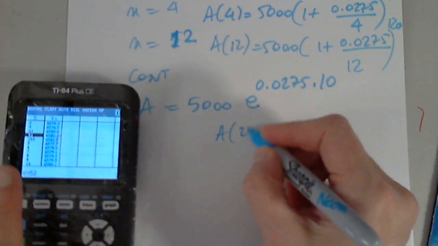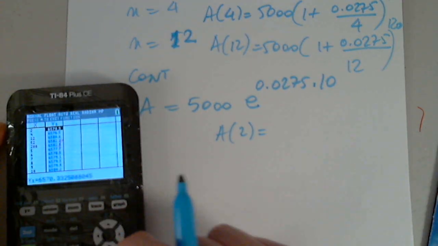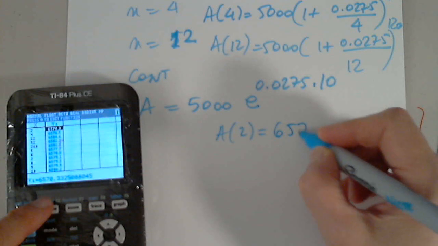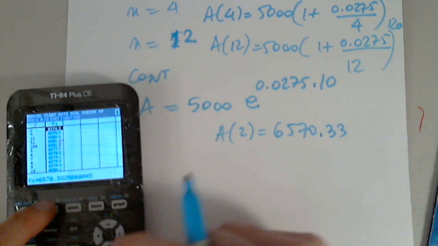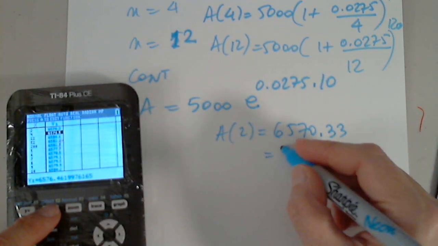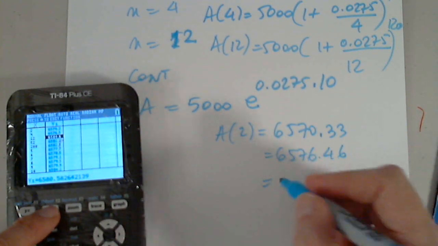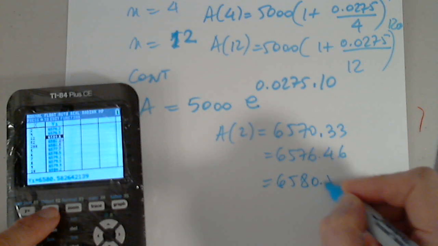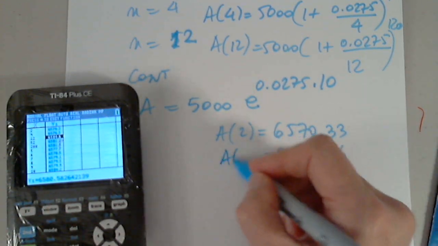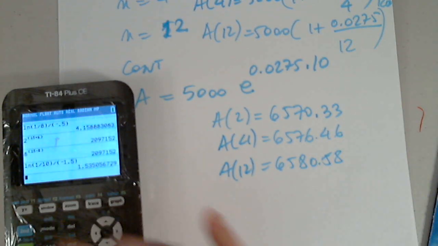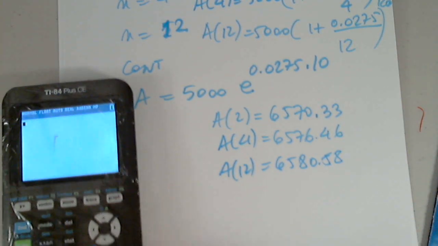So A of 2, you have to go back and highlight it so you can see the cents. 6570.33. Then I have 6576.46. And the last one, 6580.58. And this is A of 4, and this is A of 12. Now with the other one, the last one, I have no choice.